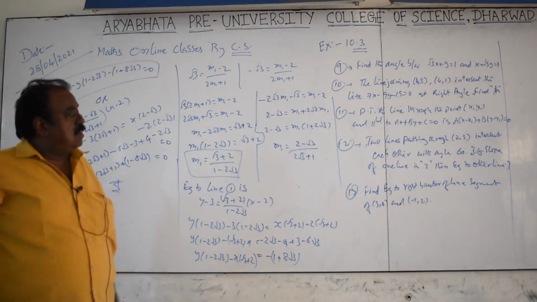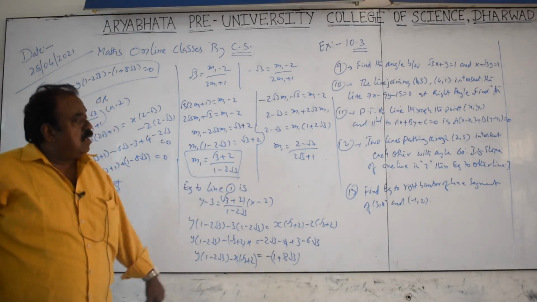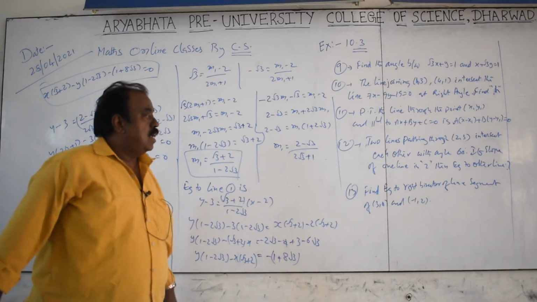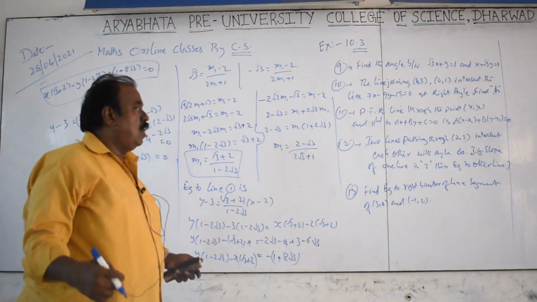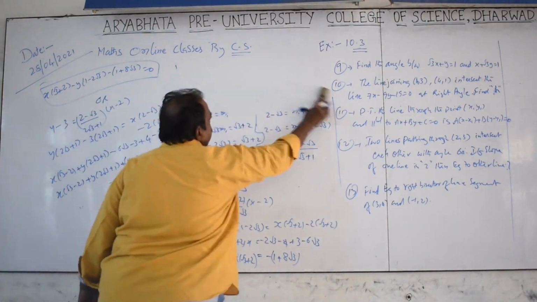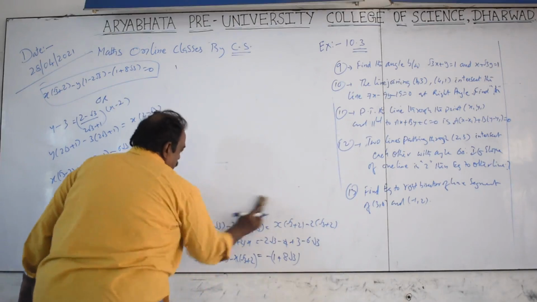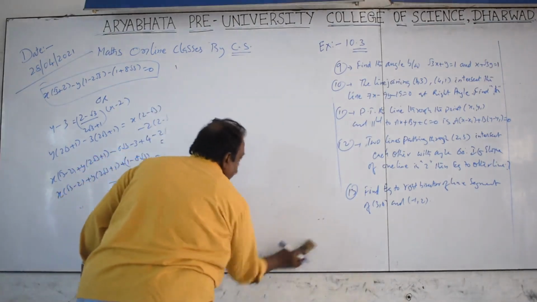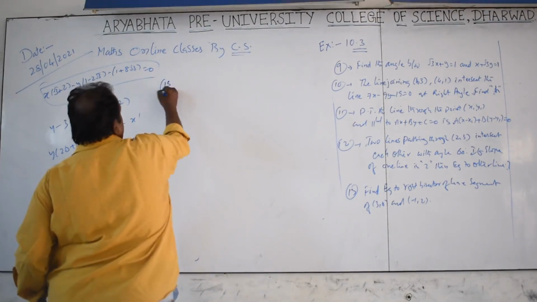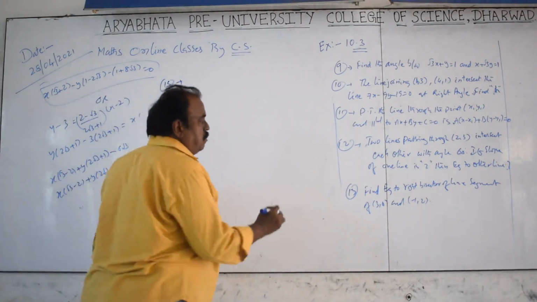Right. Next, the 13th one is: find the equation to the right bisector of the line joining 2 points that are given. So, the last problem, observe, find the angle bisector.